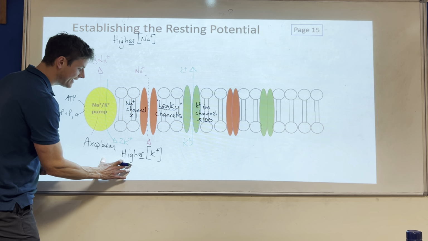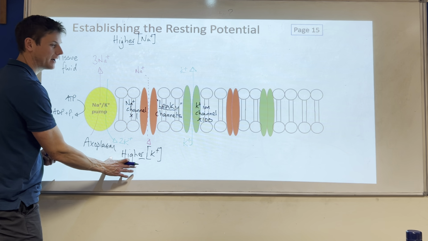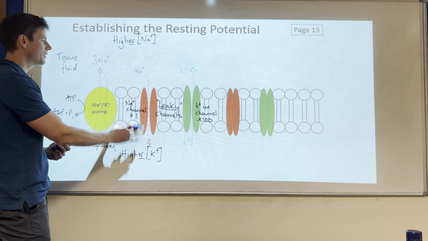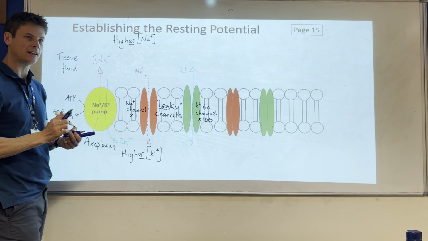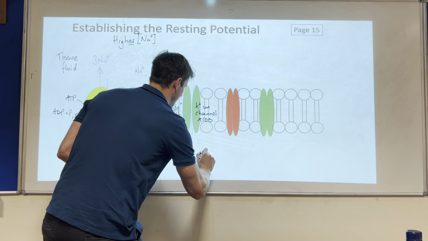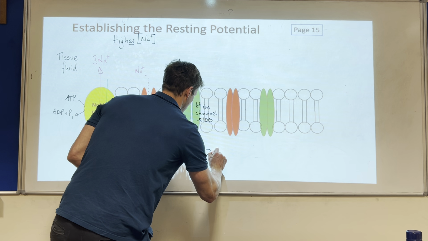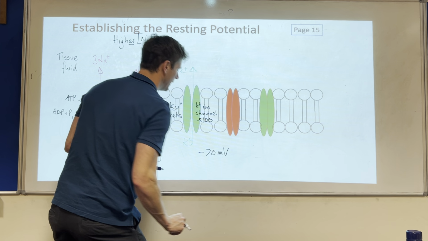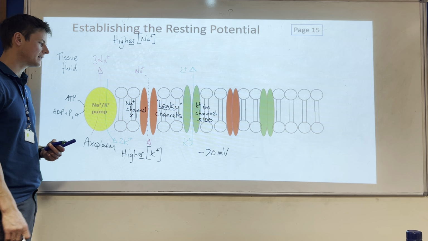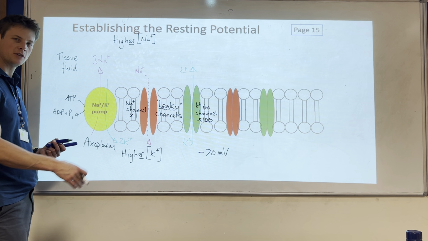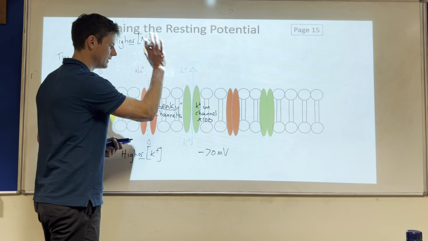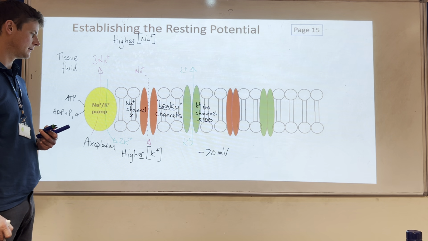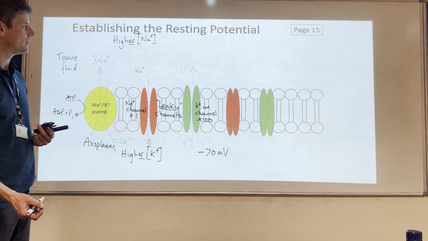So the inside of the membrane becomes negative compared to the outside. And that's where we get that value of minus 70 millivolts. Okay, so we say that the potential difference across that membrane is minus 70 on the inside compared to the outside.